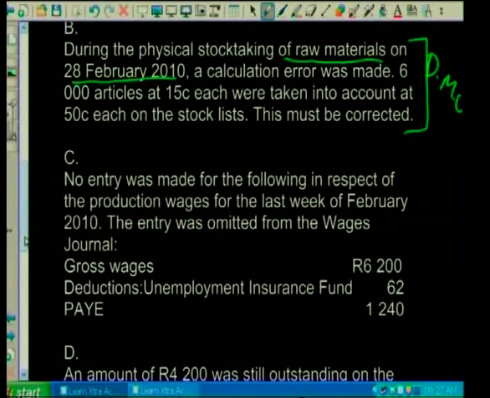Adjustment C, no entry was made for the following in respect of the production wages for the last week of Feb 2010. And again, guys, I'm really not going to read any further, but I'm just going to make a little note here. Production wages obviously affects my direct labor cost calculation.